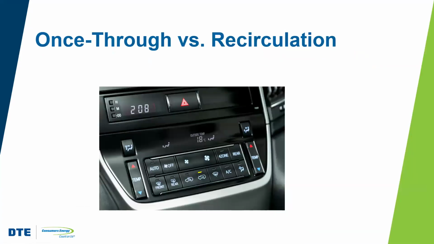That ventilation system might be a once-through system, or it could be a recirculated system. Recirculated would be similar to these controls in our car that we may be more familiar with. These two images here, one is showing you where you're bringing in fresh air into the car, and the other one is you're just circulating the air that's already in the car.